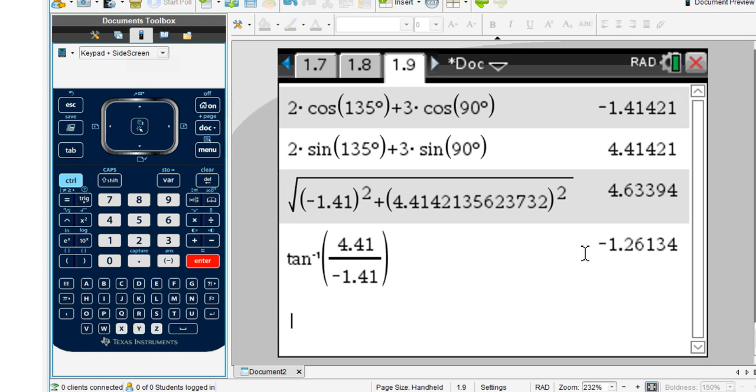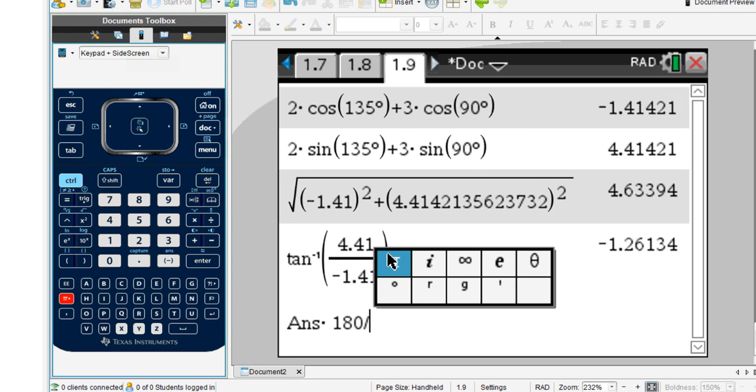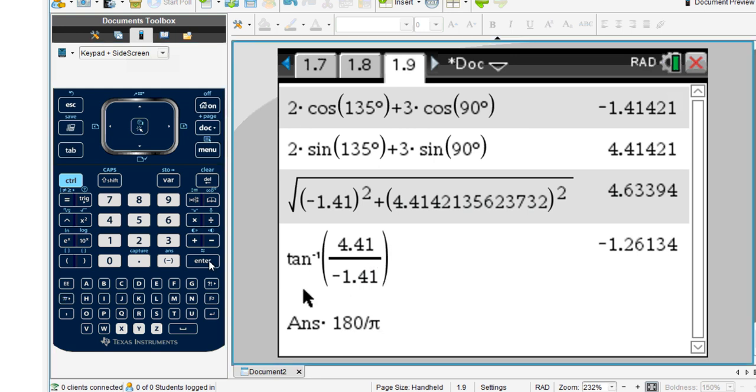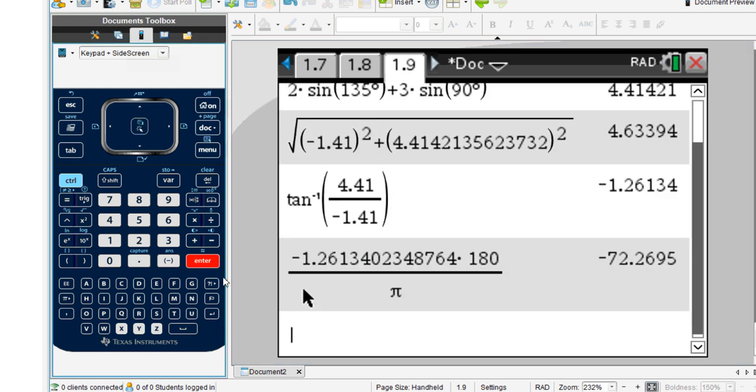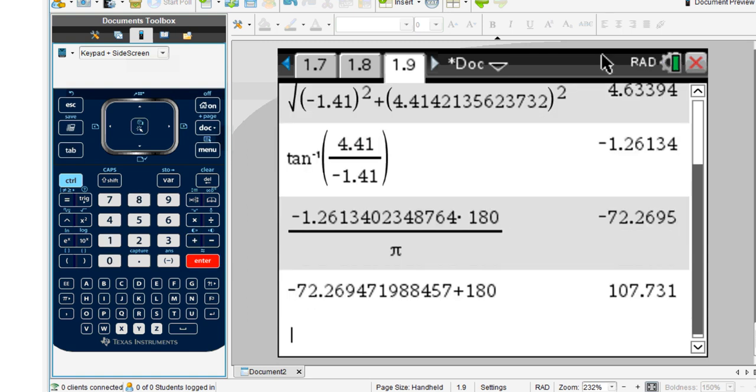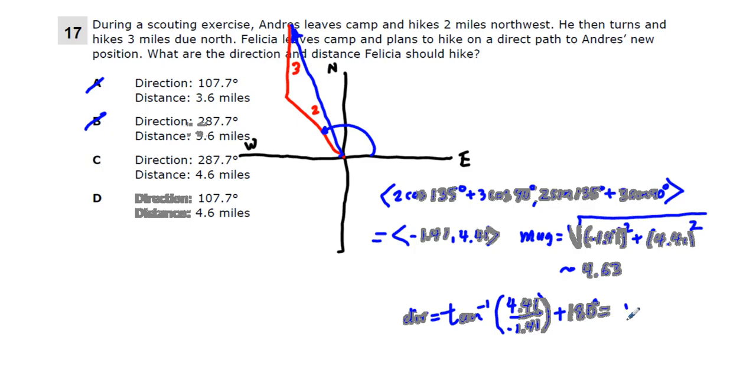We want degrees, so we'll multiply it by 180 over pi. So we get negative 72.26. Add to that 180. We get 107.7. Yeah, that's going to be answer choice D.